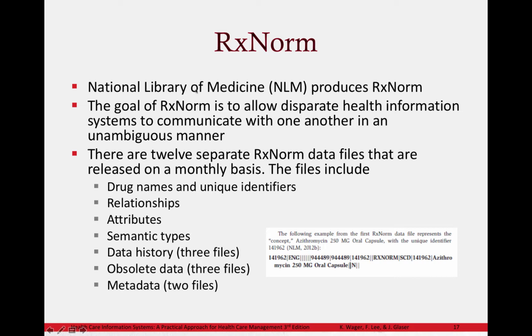So here is an example of each medication within RxNorm. It itself has a code. It's bar delimited, and the files will look like: the drug name, unique identifier, relationships, attributes, semantic types, data history, obsolete data, and metadata.